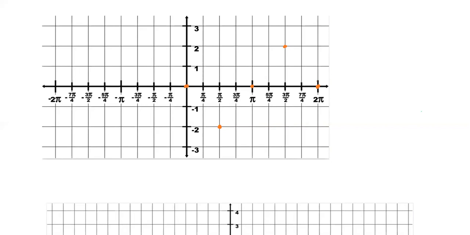It's not going up and down 1 or -1, but it's going down -2 and up to 2. So connect these. It's a smooth curve. Okay, so that's my y equals -2 sine x. And that -2 means that it's going down -2 first before it goes up.